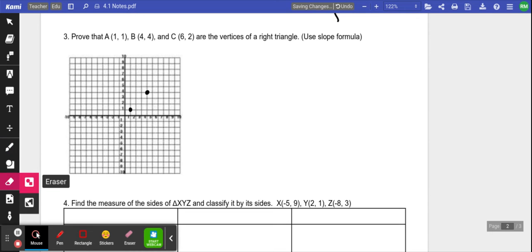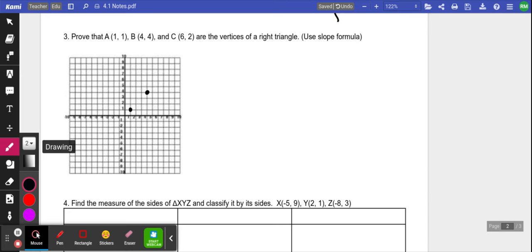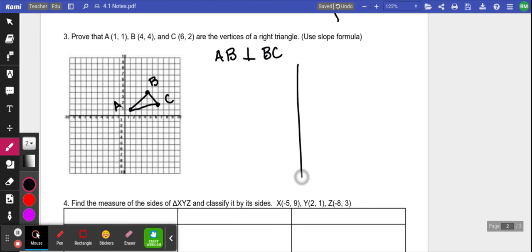Whoops. There we go. So this is A, B, and C. We're going to go ahead and draw it. To me, it looks like angle B is possibly the right angle. So we need to see if sides AB are perpendicular to BC. So I need to know the slope of AB, and I need to know the slope of BC.